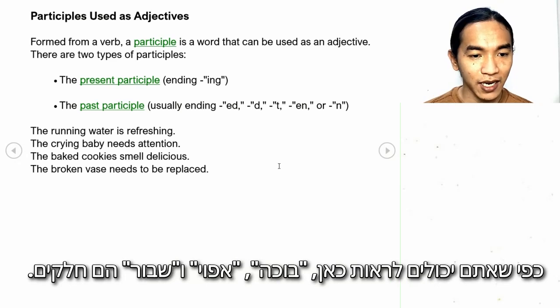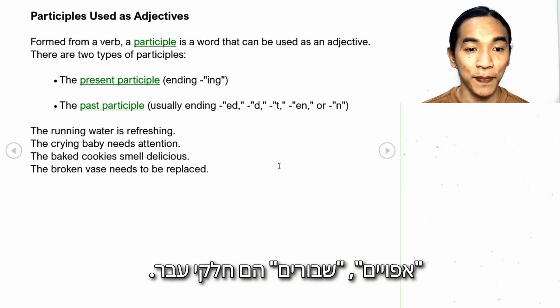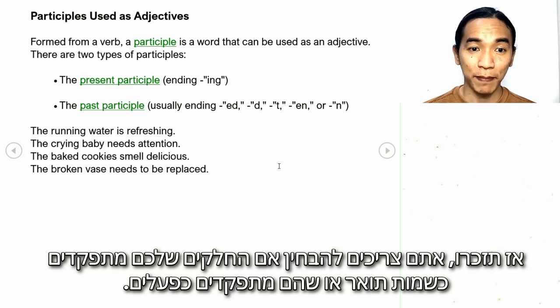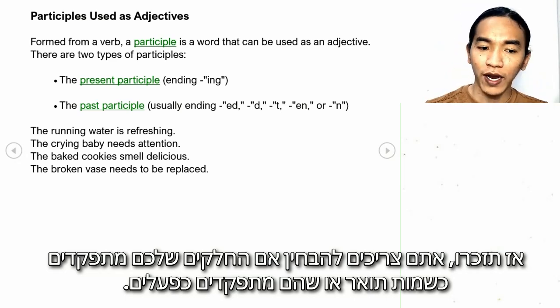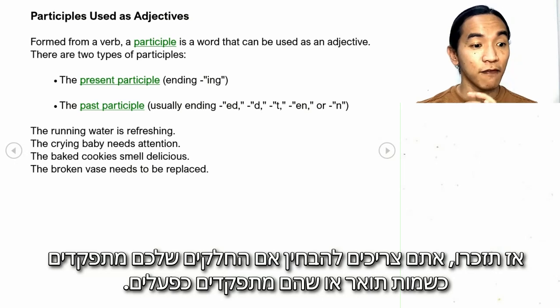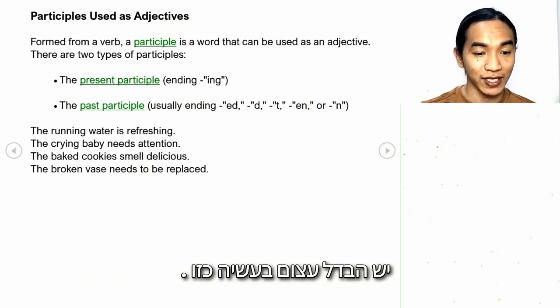As you can see here, crying, baked, and broken are participles. So crying, ing, is present participle. Baked, broken are past participle. So remember, you have to distinguish if your participles function as adjectives or they function as verbs. Okay? So there's a huge difference in doing so.